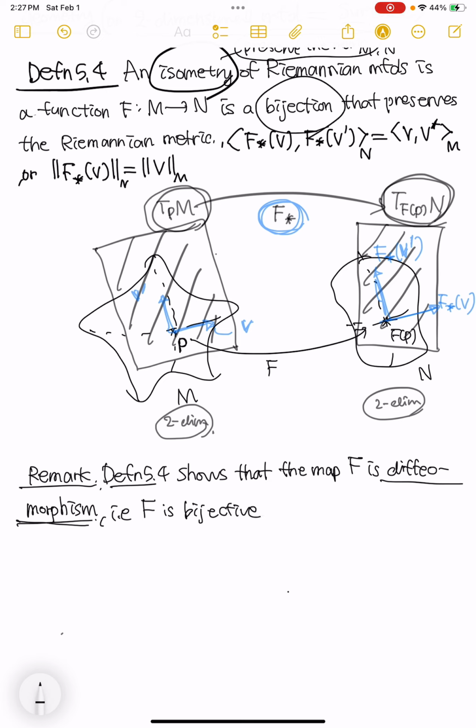That is clear by definition, a bijection, and its inverse is also differentiable. So the bijection condition is important to define an isometry.